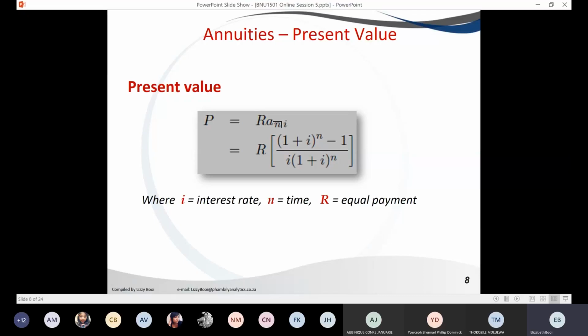And that is the formula. If you are calculating things manually, you will use that formula to calculate.